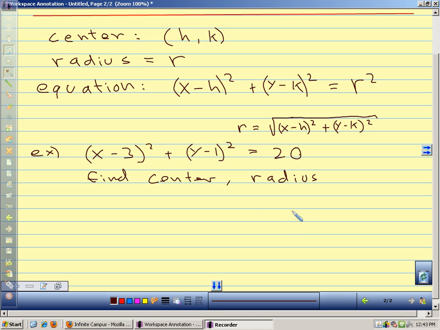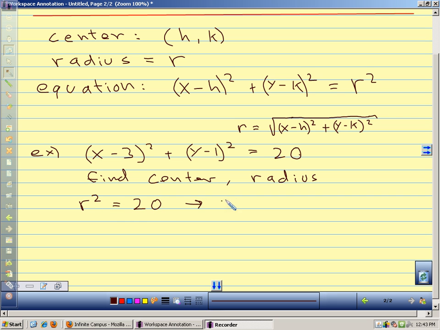So let's do the easy one first. In our equation, we have x minus something squared plus y minus something squared equals r squared. Whatever this number is that's by itself over here, all we have to do to find the radius is take the square root of that. So r squared, we know from our equation, is 20.